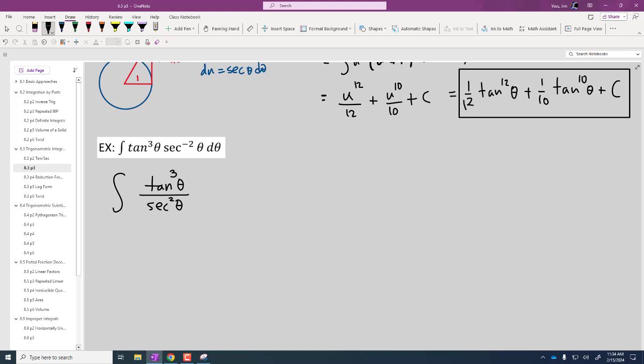That is not an even power on secant, so we have to treat this as an odd power on tangent. And again, if we have an odd power on tangent, we pull off a secant times tangent. Well, there's no secant in the numerator, so we conjure one. We've now conjured up a secant for the numerator.